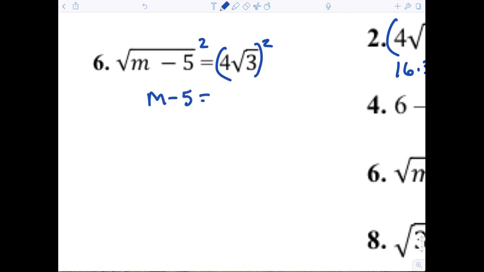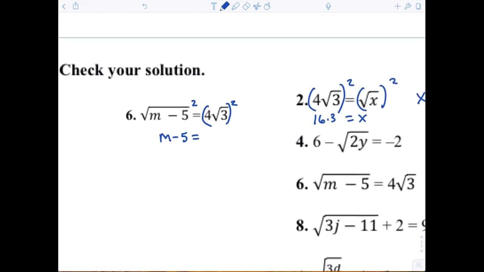M minus 5 equals 48, right? Because we already did the problem. Now I have to do what to both sides? Add 5. So M equals 53. Everybody good?